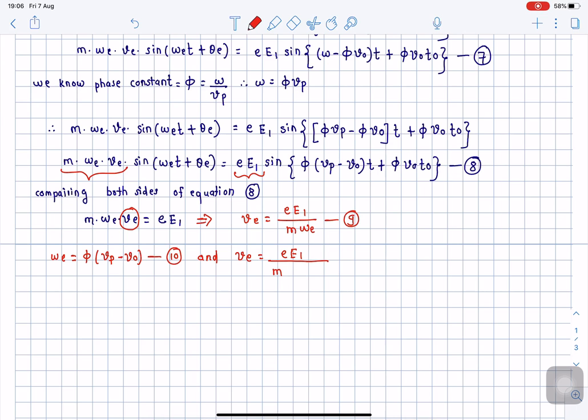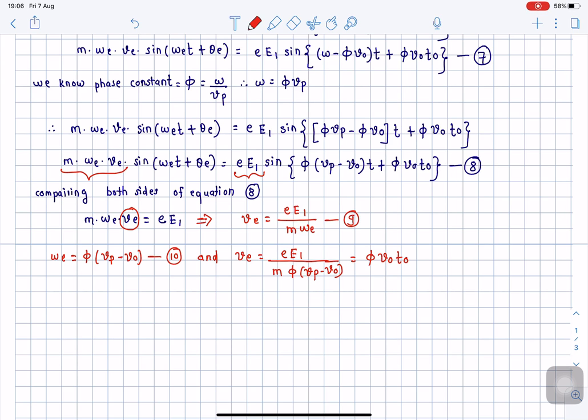So here we can replace this with phi Vp minus V0, or this can also be written as phi V0 into t0, right?